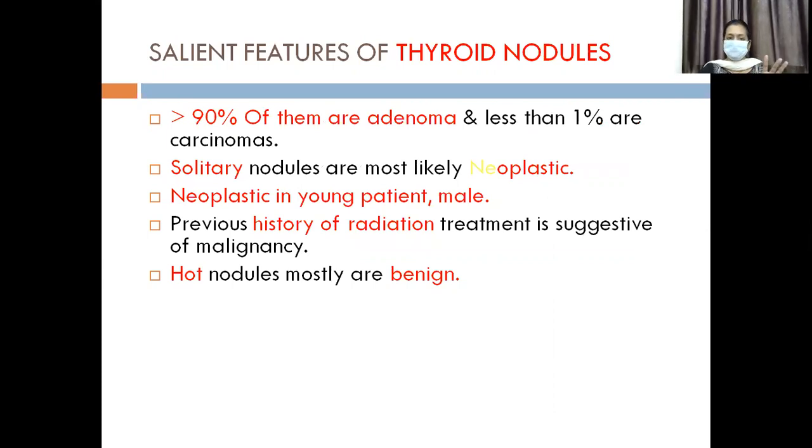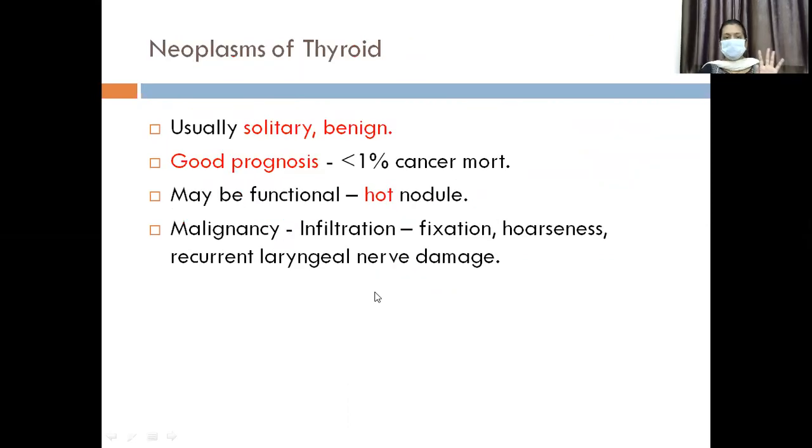Most of them are adenomas that are benign, and then there can sometimes be neoplasms even in young males. History of radiation is important, and functioning nodules are usually hot. Then the good prognosis is that there is less than 1% mortality pertaining to the thyroid functioning.